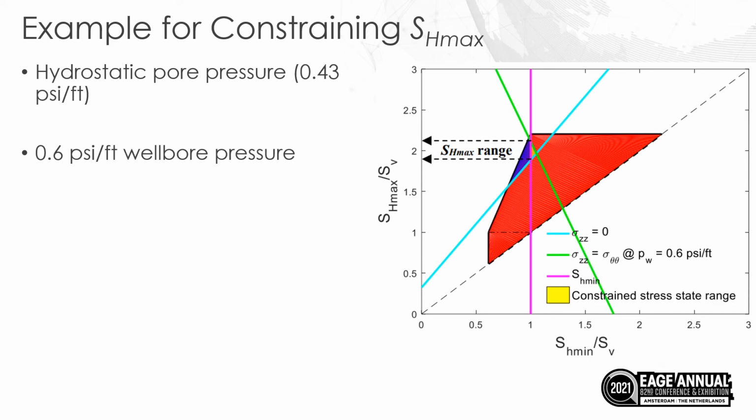Now, the region enclosed by those three lines, I shaded in yellow, and this indicates the range of stress states that can take place in this well.